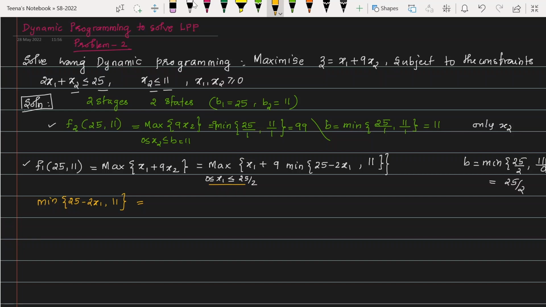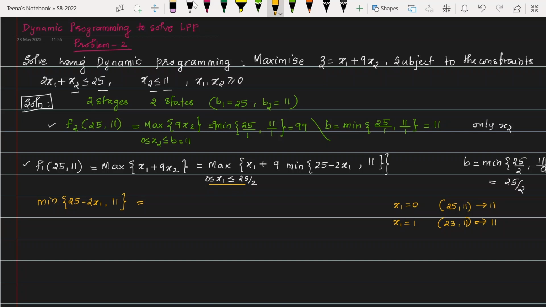When x1 is equal to 0, the possible values are 25 and 11, and the minimum is 11. When x1 is equal to 1, the value is 25 minus 2, which is 23, and the minimum between 23 and 11 is again 11. So how far will this go?